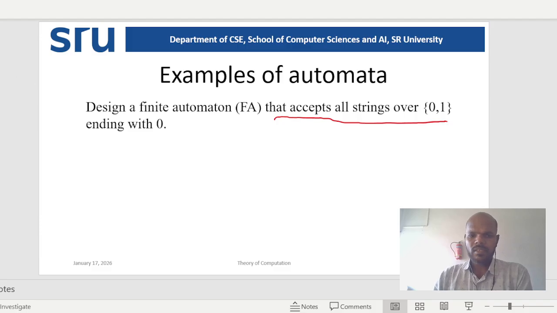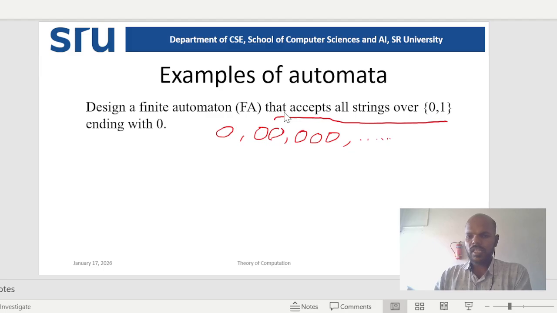First, the string 0 is one string it should accept. 00 it should accept, and 000 it should also accept. That means any string ending with 0 it should accept.